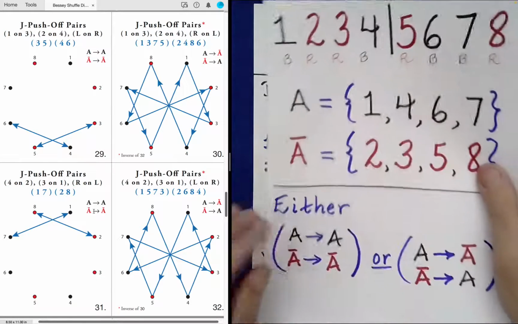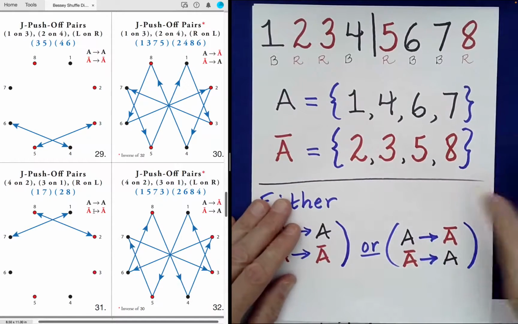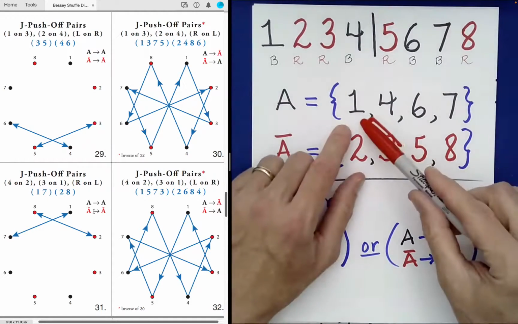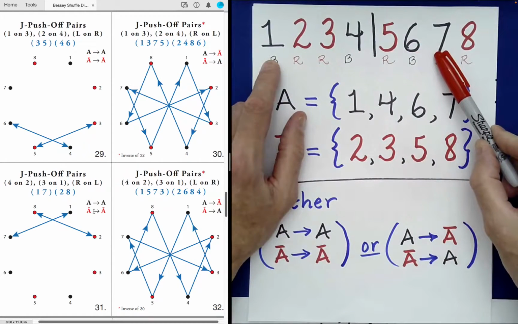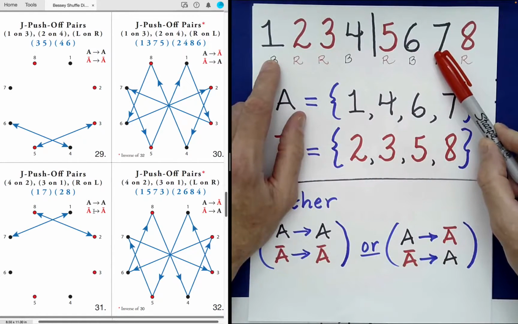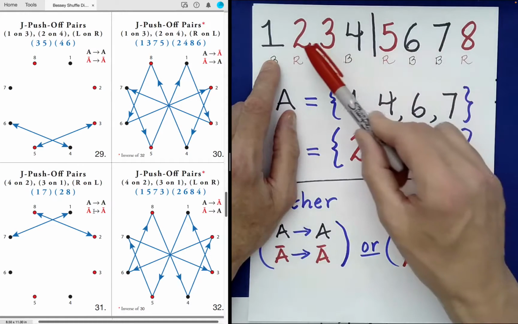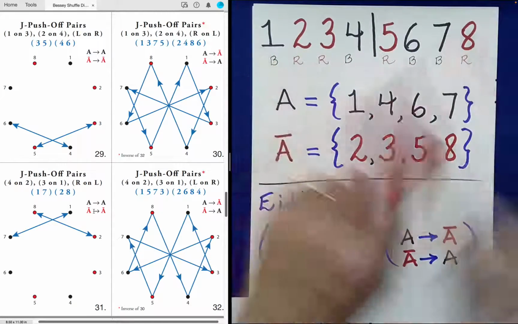This simply means that the cards that originally began in positions 1, 4, 6, 7 get moved to positions 2, 3, 5, 8 in some assignment.